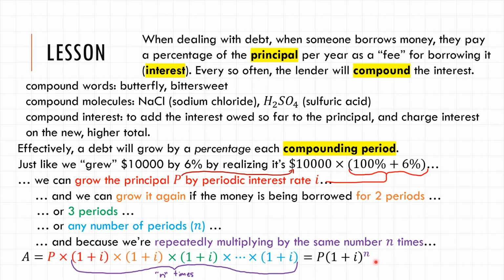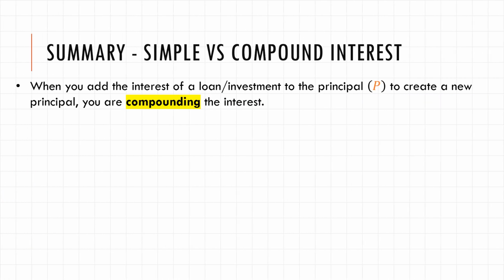And that right there is the formula for compound interest, for the future value of a principal that is grown by i as the interest rate per period for n periods. So when you add the interest of a loan or an investment to its principal to create a new principal, what are you doing? You're doing something called compounding the interest. To compound means to put together.